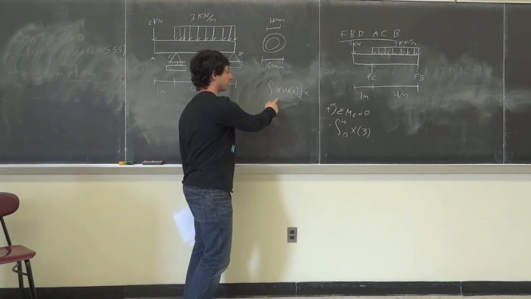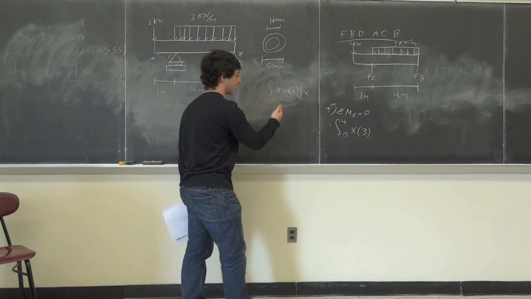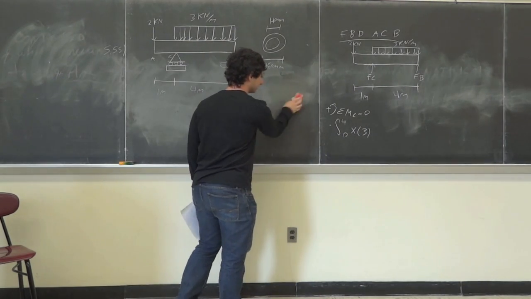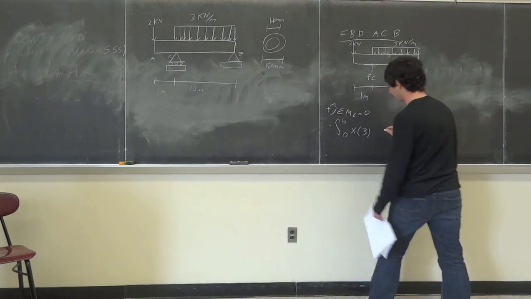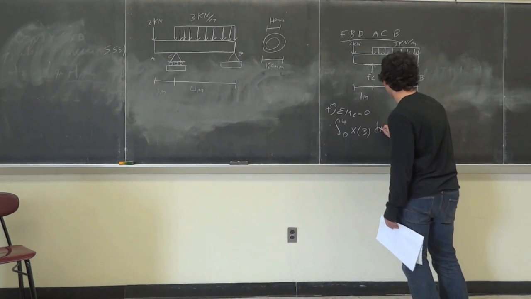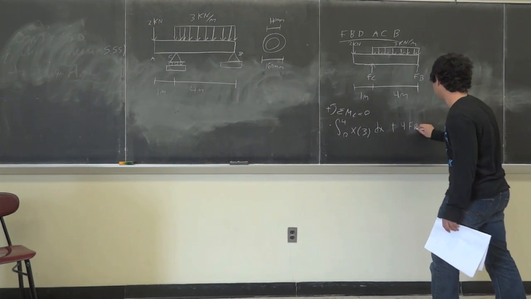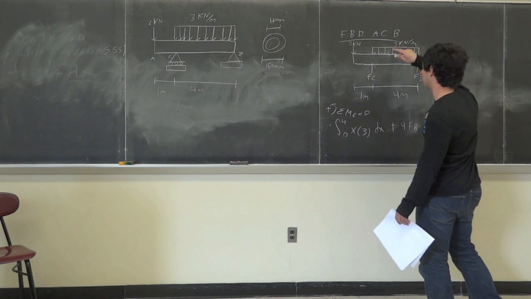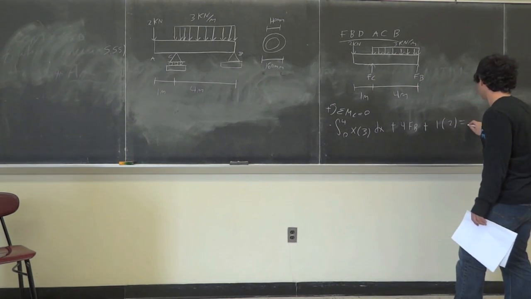This is for a moment, okay? W of x is 3, and just x is x, okay? So it's minus the integral from 0 to 4, x times 3 dx, plus 4 times FB, plus, this is also going counterclockwise, so it's plus 1 multiplied by 2 is equal to 0, okay?